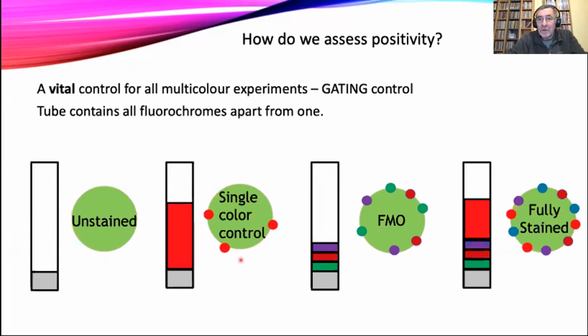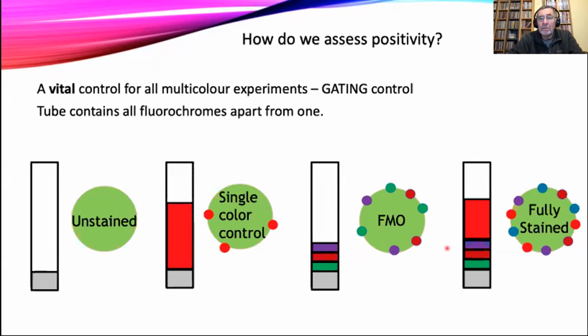We're going to run a single color control, which will show me that I'm getting staining in the PE channel, but that's not the importance of the single color control. It's to determine where the photons from that PE have ended up. But my FMO is going to contain, in this case, the FITC, the PerCP-Cy5.5, and the PE-Cy7 markers. And we know that some photons from each of those fluorochromes end up in the PE detector.